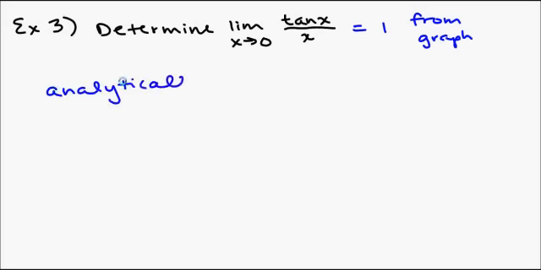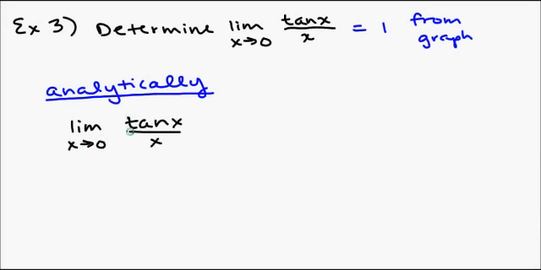And we're going to do this with the limit rules, but we're also going to use some trig identities that you should already know from pre-calculus. So let's give this a go. Okay.